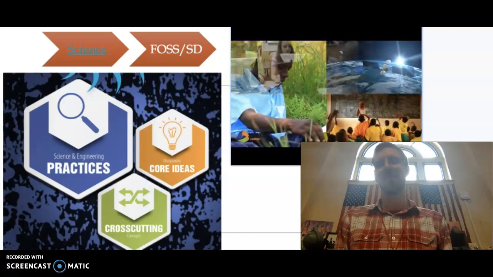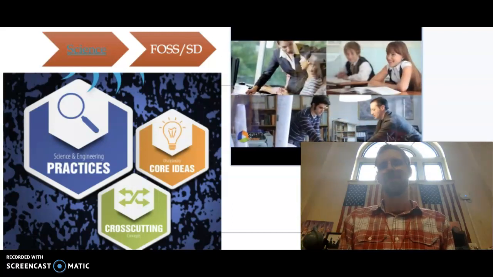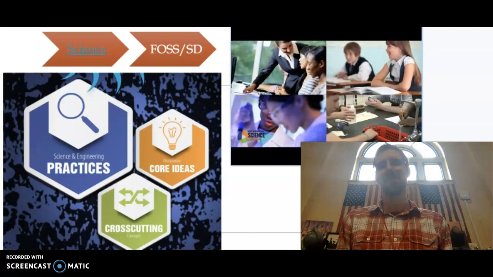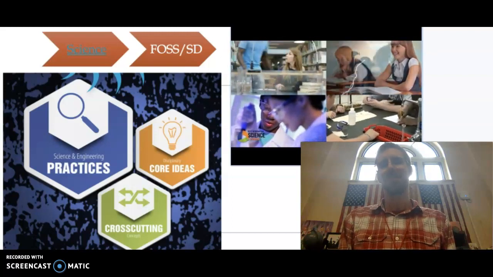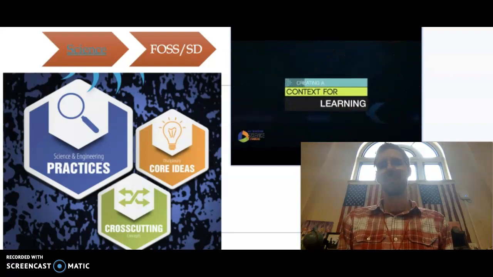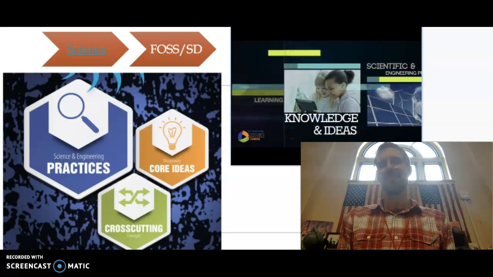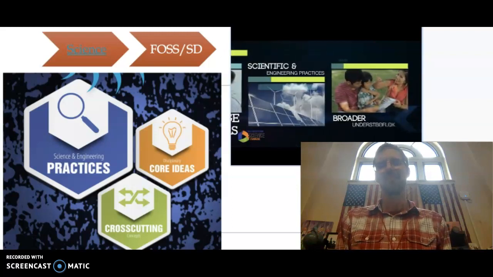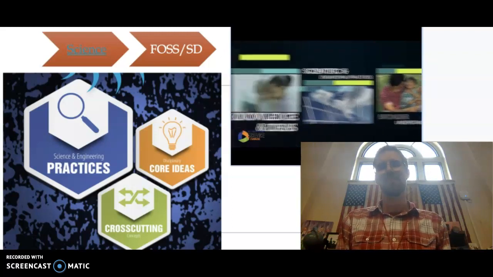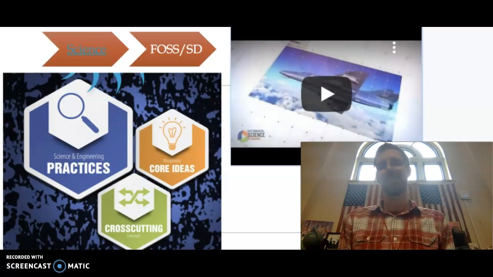The next generation science standards provide an important opportunity to improve not only science education, but also student achievement, reflecting a new vision for American science education, creating a context for learning, comprehending the core knowledge and ideas, and engaging in scientific and engineering practices helps to prepare students for broader understanding and deeper levels of scientific and engineering investigation.